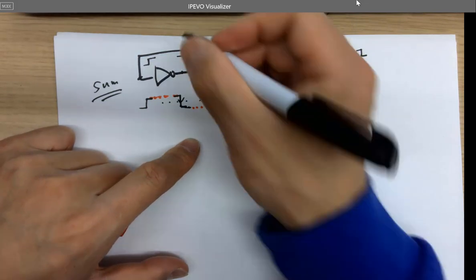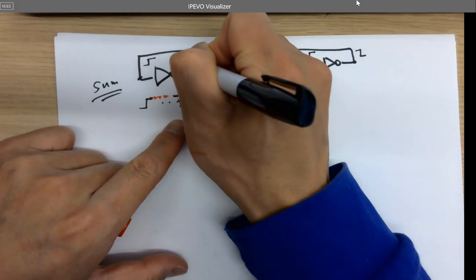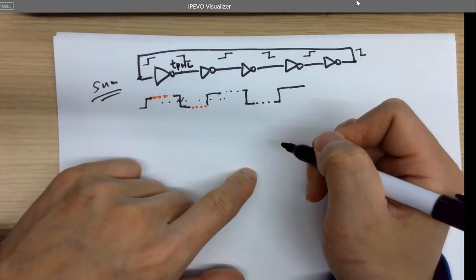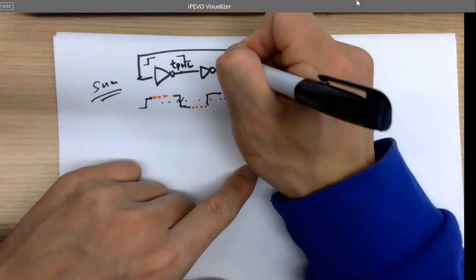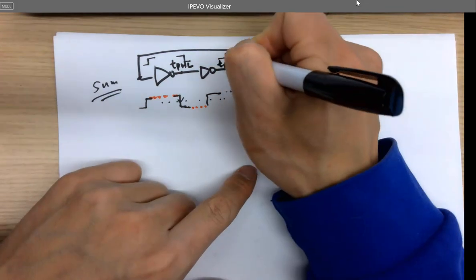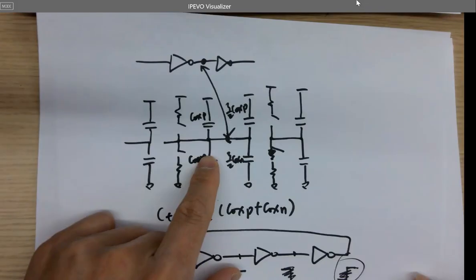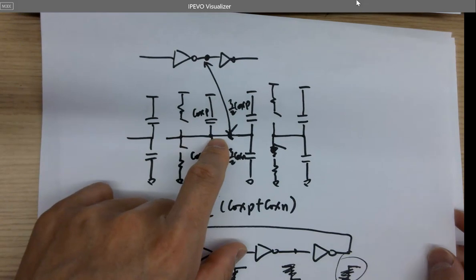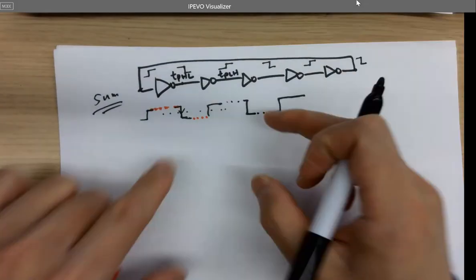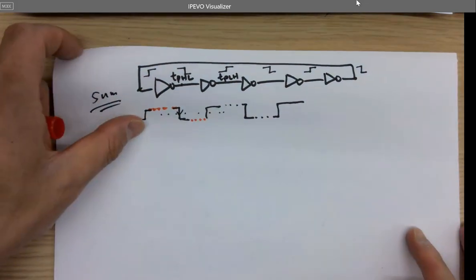High to low. At this node, there will be a time delay called TPHL. You agree with that? And here will be a little delay. The name of the delay is TPLH. And you can calculate it based on the model we built over here. So now you know why building the model is important, because you are able to calculate the time delay of a functional circuit. It's being used for a lot of things.